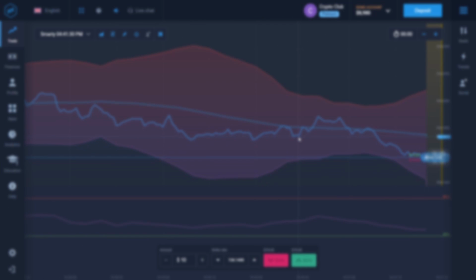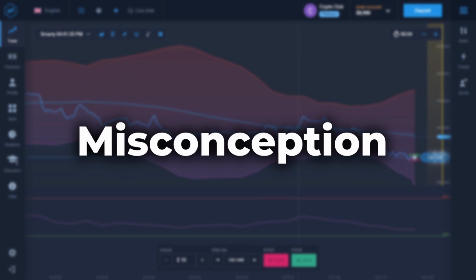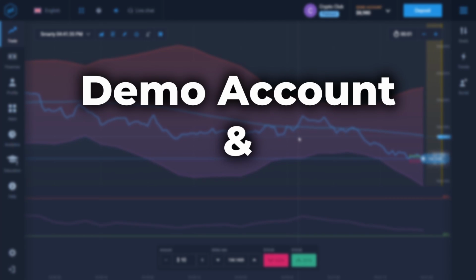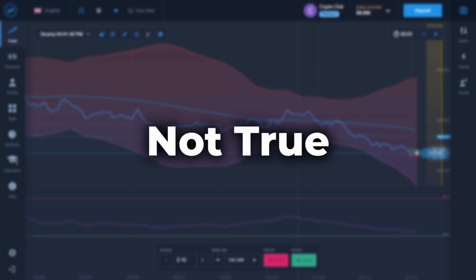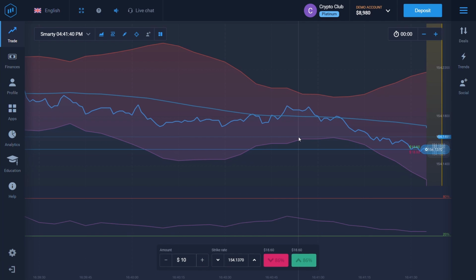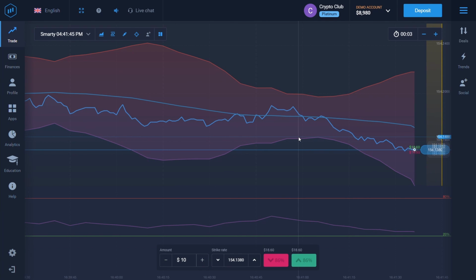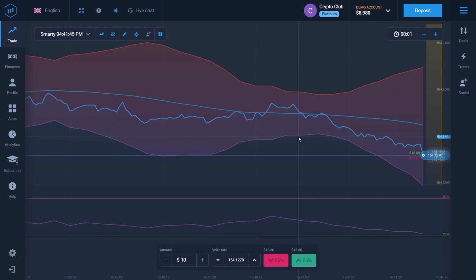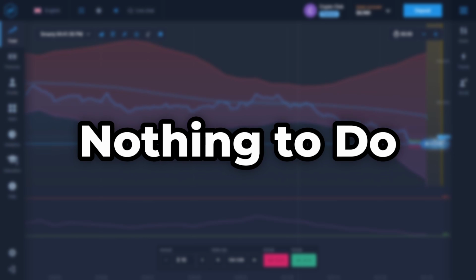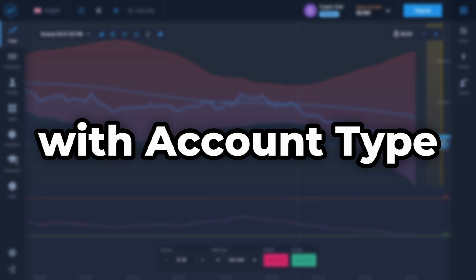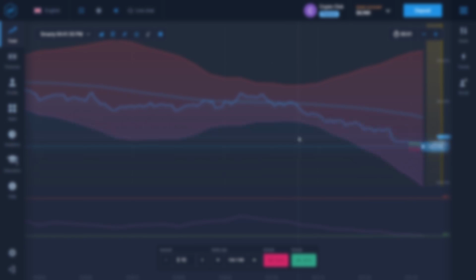Despite many benefits, most people have the misconception that the demo account and the real account have two different markets. This is indeed not true. Even though people win most of their trades while trading on the demo account, they tend to lose most of the trades placed in their real accounts. This has nothing to do with whether you're using the real account or the demo account.